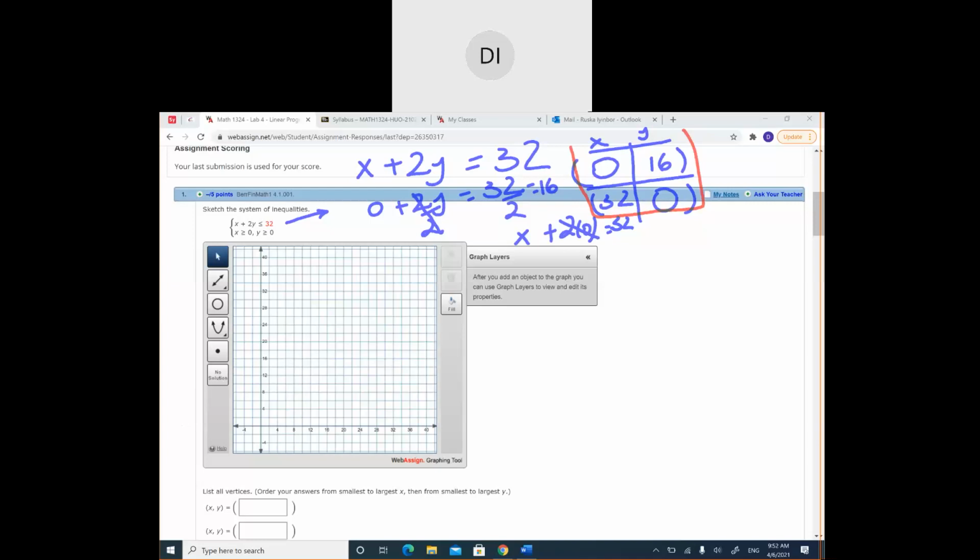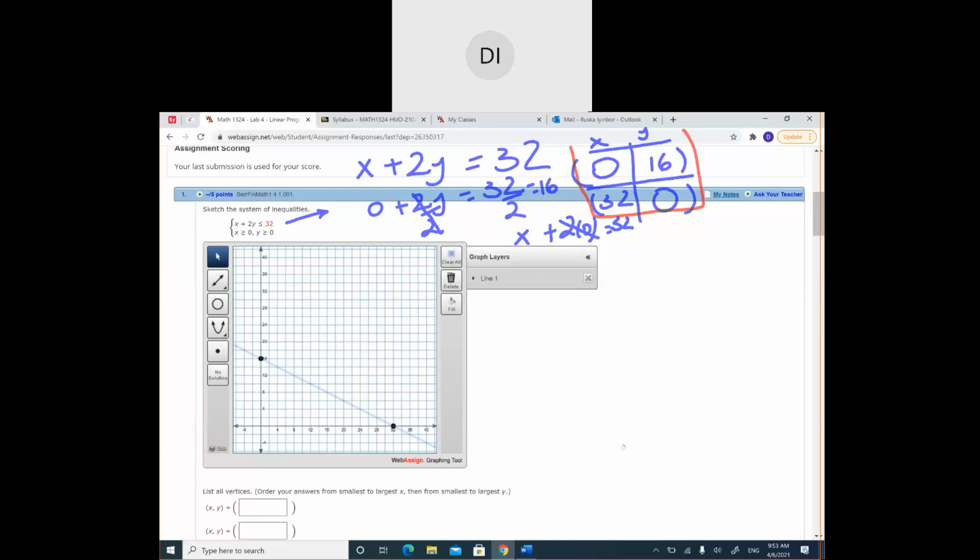So if you remember from algebra, I'm going to click on the straight line in front, the first one. And then I'm going to click 0, 16, x 0, y 16, right? So it's going to be here on the y-axis, 16. And then after that, I'm going to click at 32 for x and 0 for y. So when you click on those 2 points, you're going to see the light blue straight line.